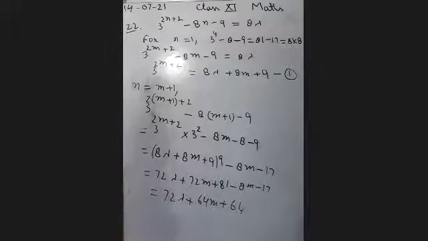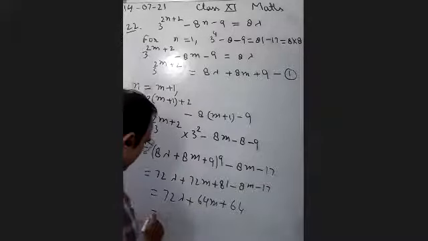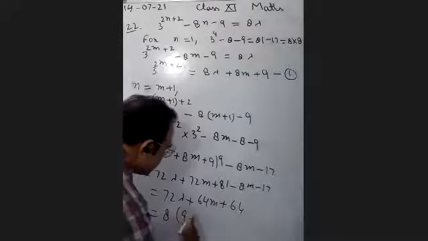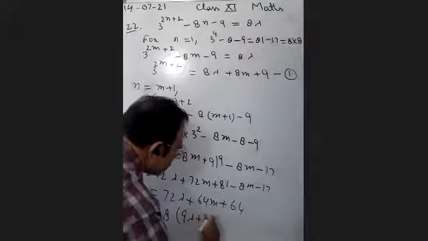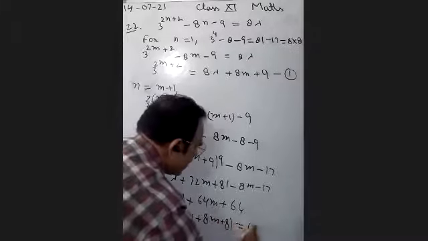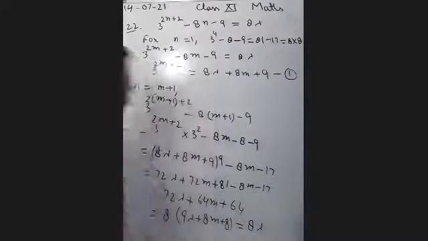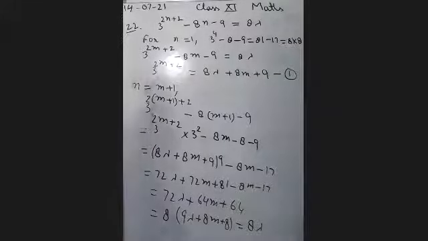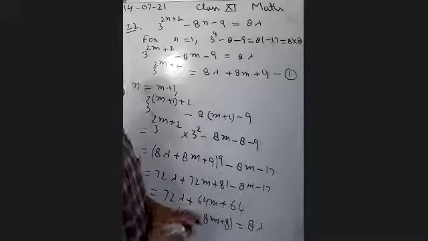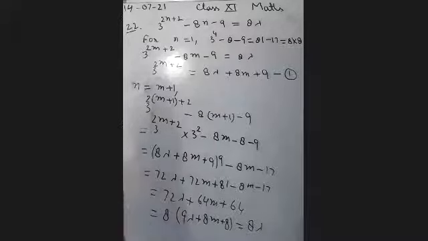In all the terms, we are getting 8 as a common factor, so we can take 8 common, ठीक है। 8 9s are 72, 8 8s are 64, 8 8s are 64, equal to 8 into lambda, यानी कि we are getting 8 as a common factor. It is a multiple of 8, so it is in the form of 8 into lambda, ठीक है। So it is true for n equal to m plus 1.